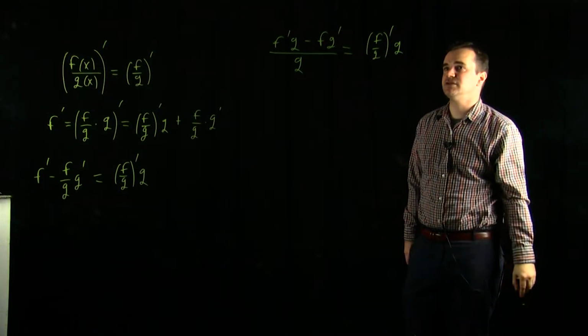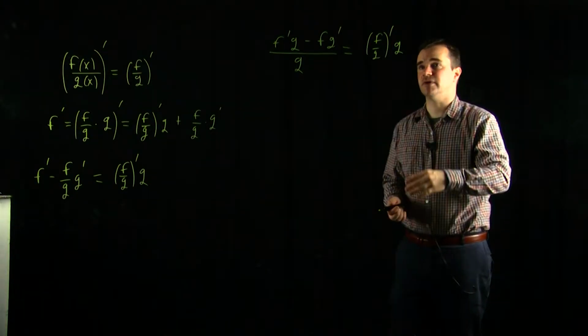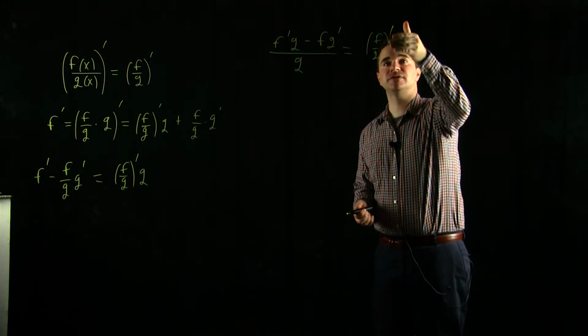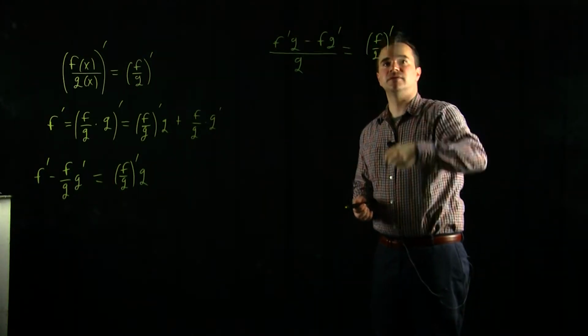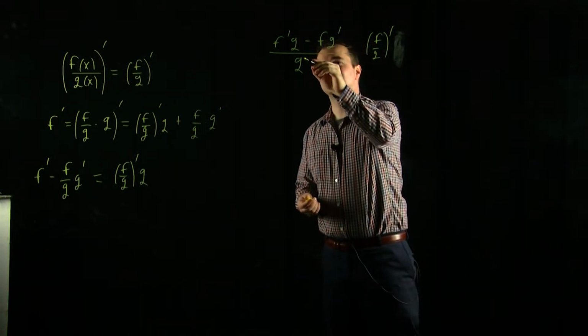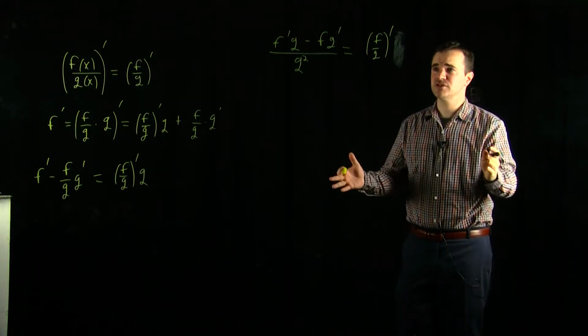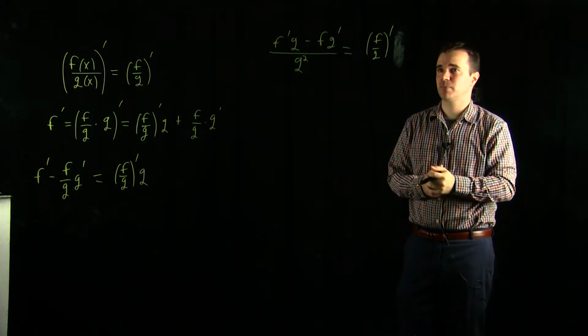And to finally get your answer, all you have to do is divide both sides by g. So let me do that. You divide both sides by g. This one vanishes into a cloud of mist. And here multiplying by g gives us g squared. So that's the formula for the quotient rule.